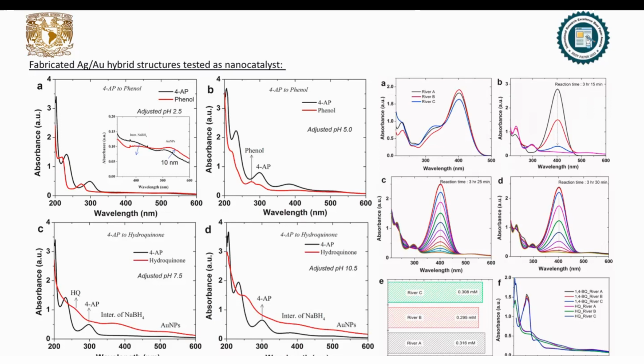In the right side figure from A to D, you can see it takes much more time compared to distilled water and deionized water, but it can still reduce 100%. So it is very good to show that the catalyst is still very active in river waters.